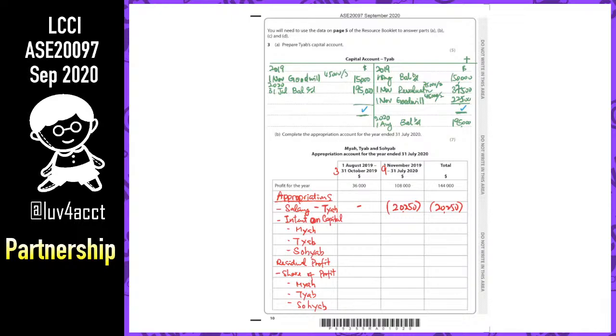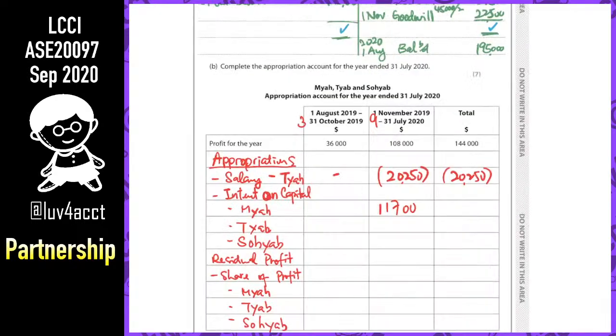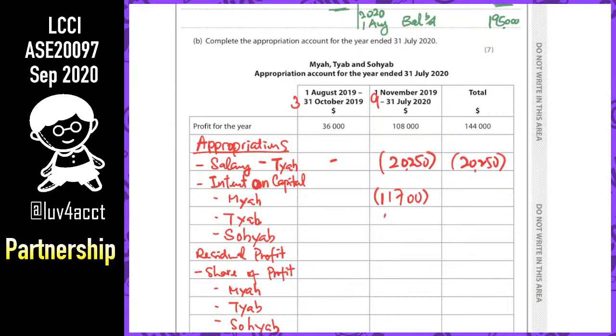It would be 20,800? Let me calculate one more time. 19,500, 8%. Oh no, it is 11,700. 11,700 for both partners.